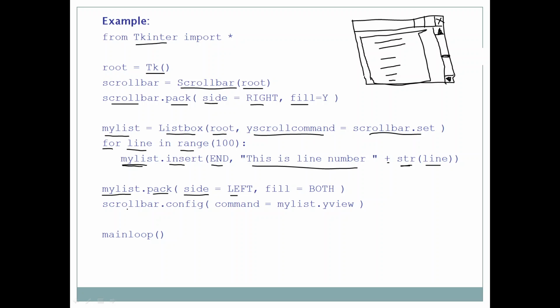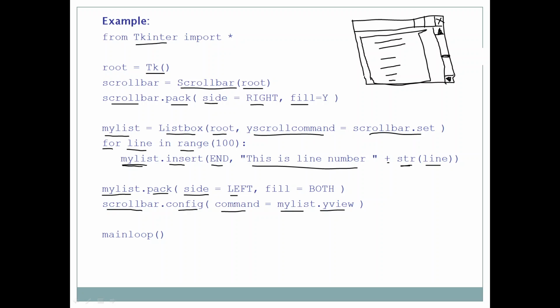Okay, after that we are configuring the scroll bar. So scroll bar dot config command is equal to mylist dot yview. Whenever we click on the scroll bar, it is going to call mylist dot yview. There is a method called yview in the list box class. This is a predefined method, we haven't defined it.